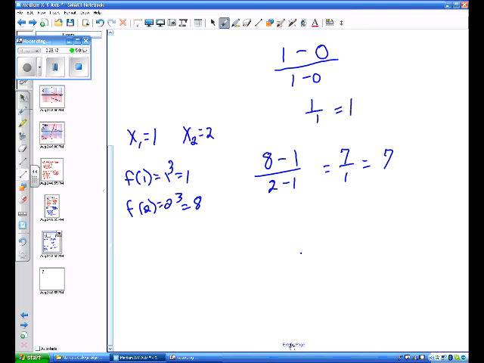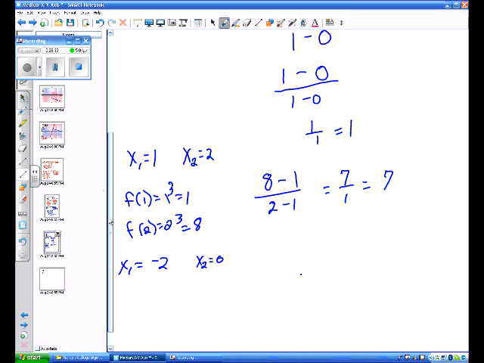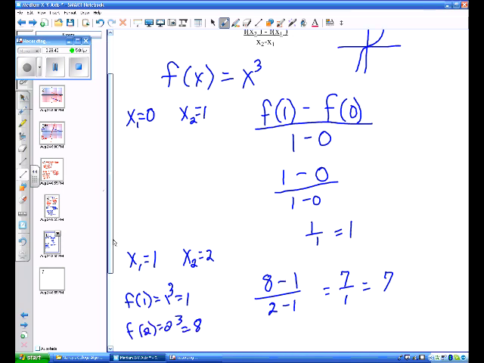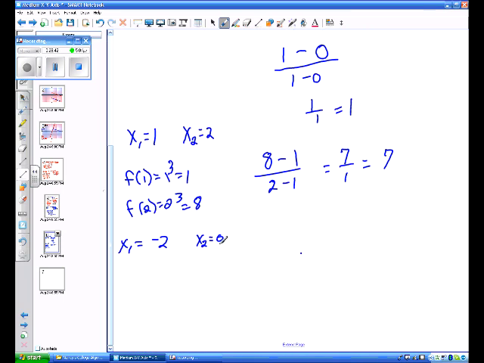Well, let's go on and let's see what it would be when x sub 1 is negative 2 and x sub 2 is 0. Well, that would be back over on this side, going from here up to here, and finding out what our rate of change was.